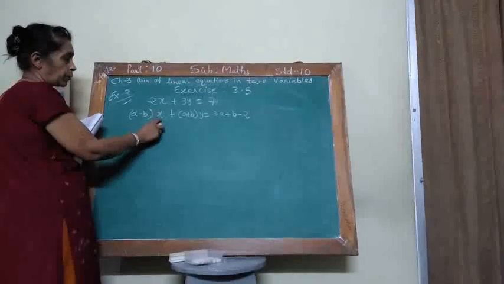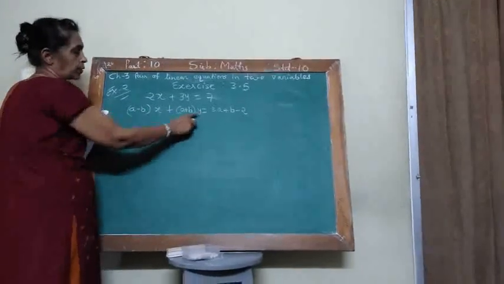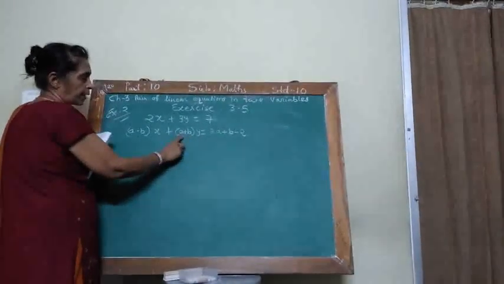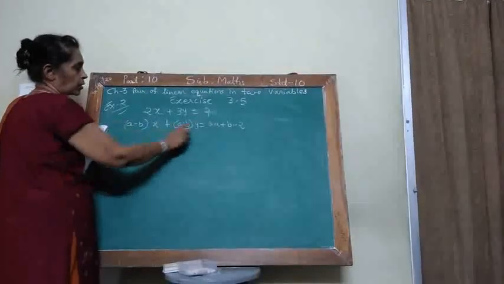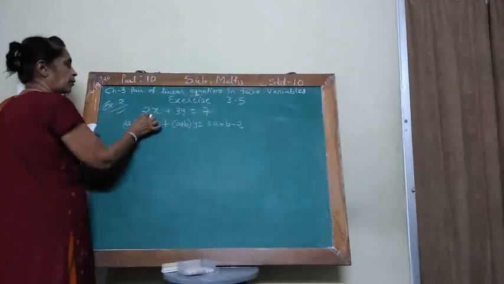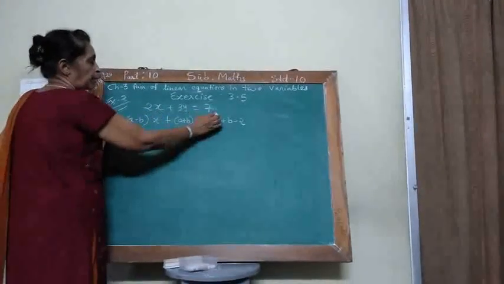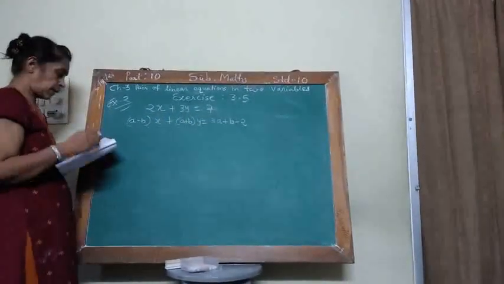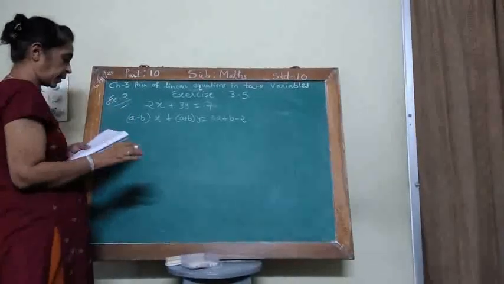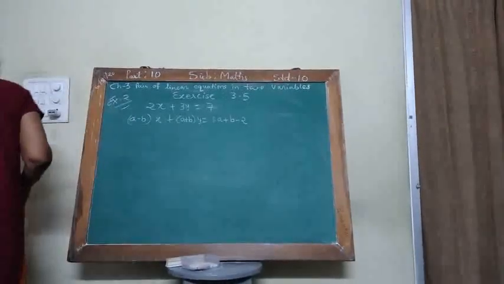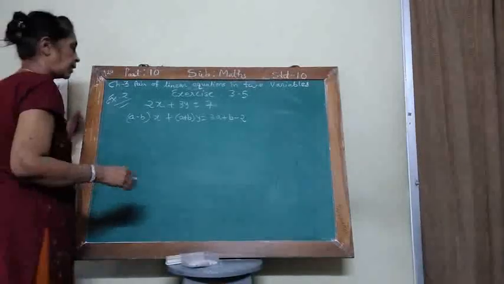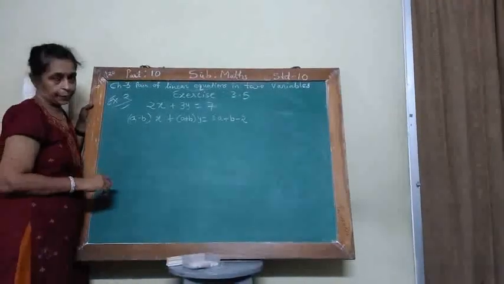Coefficient of the Y variable in the second equation, and the constant. In the first equation you know the coefficients, but in the second equation you have to find the value of A and B, and they say that this pair of equations has an infinite number of solutions. They have said infinite.